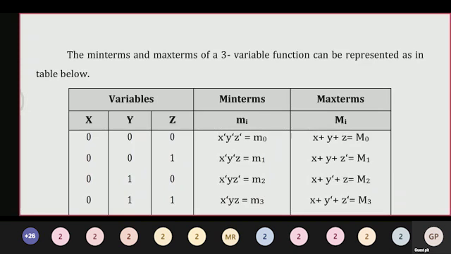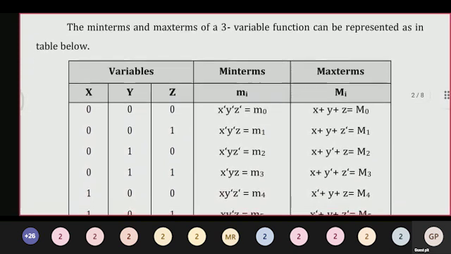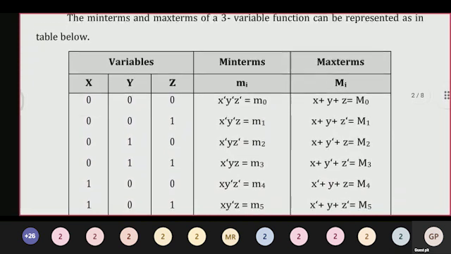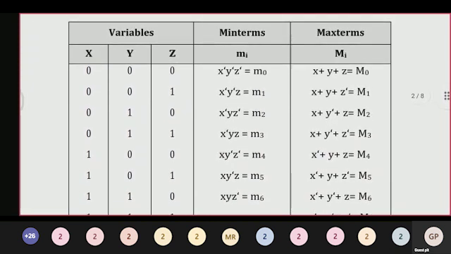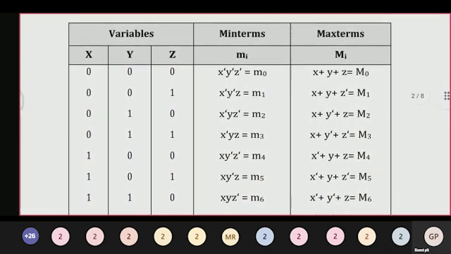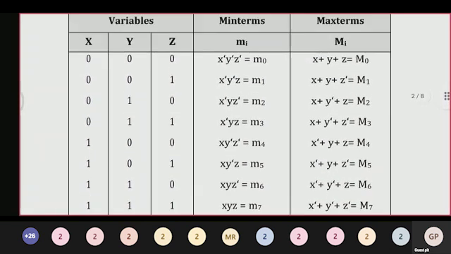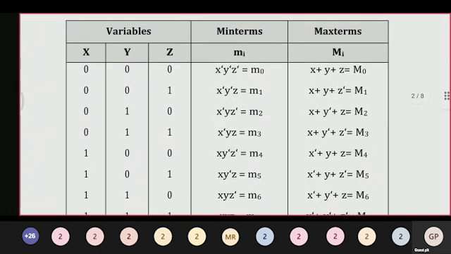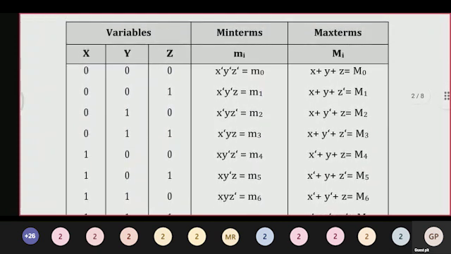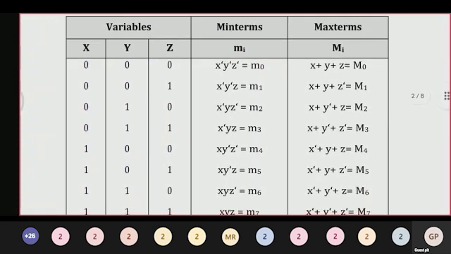It will be represented in min term as x bar, y bar, z bar, that is equal to m0, and 0 0 1 is represented as x bar, y bar, z, that is equal to m1. 0 1 0 is represented as x bar, y, z bar, that is equal to m2, and 0 1 1 is represented as x bar, y, z.